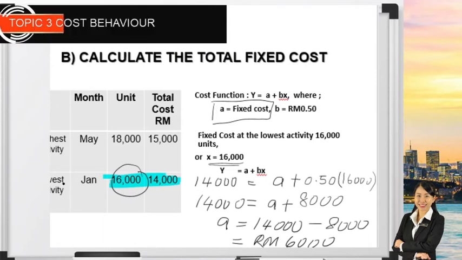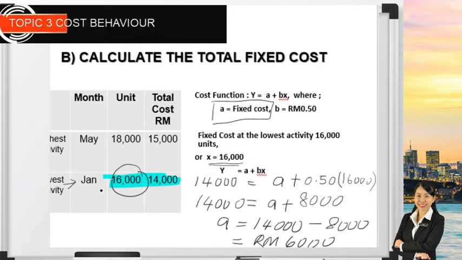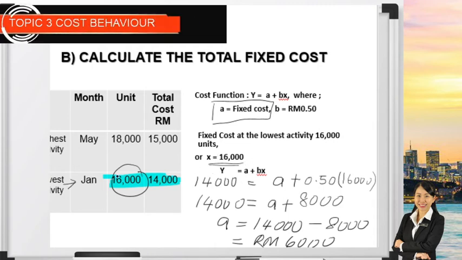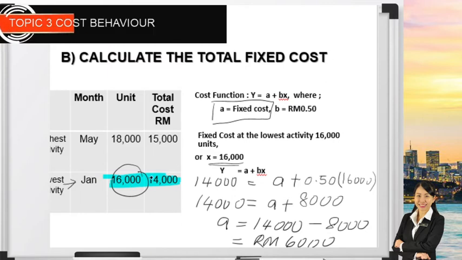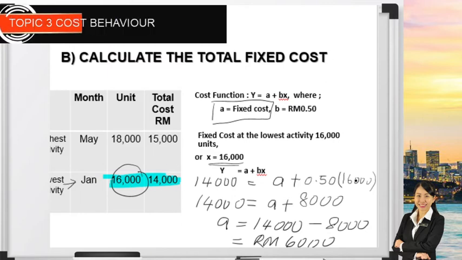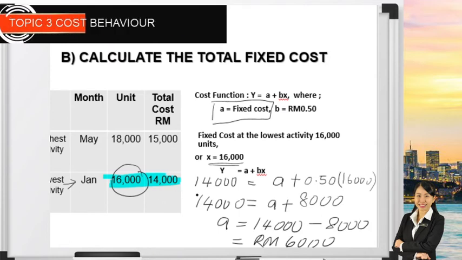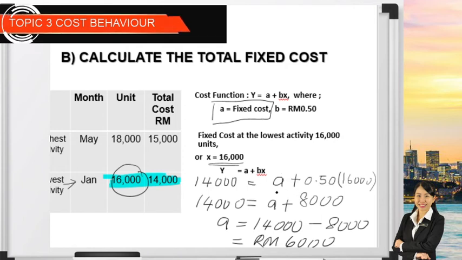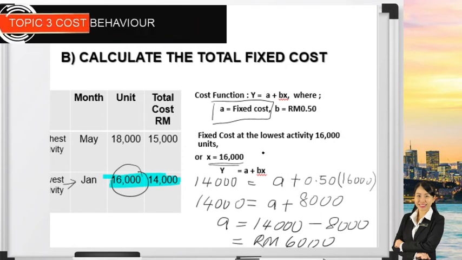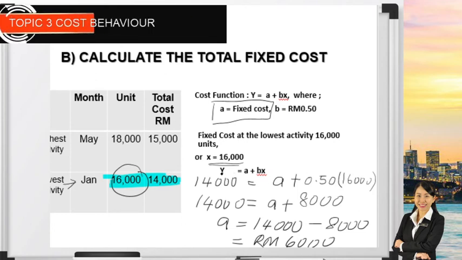Just now, we used the lowest activity to find out our fixed cost. So we put x as 16,000. Our total cost y is 14,000. We don't know our a, but we can find out based on our cost function y equals a plus bx.